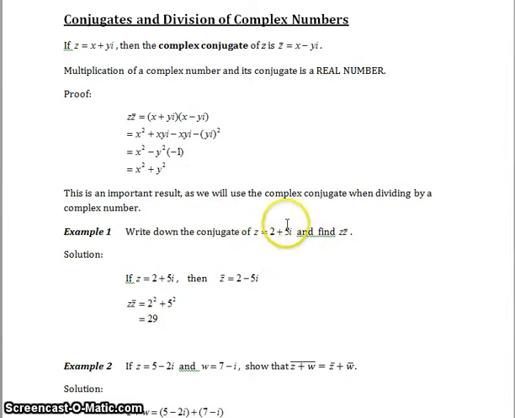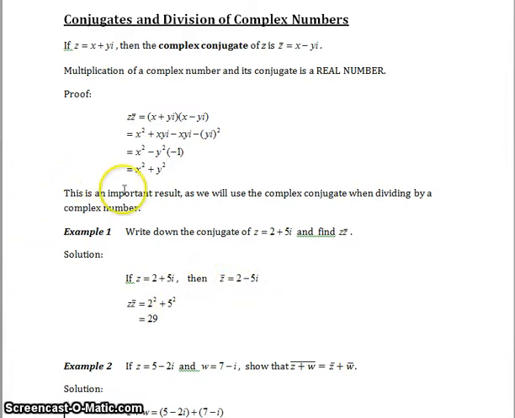We just have this complex number, z equals 2 plus 5i. Write down the complex conjugate and then find the multiplication of z times its conjugate. If z equals 2 plus 5i, then simply its conjugate is 2 minus 5i.